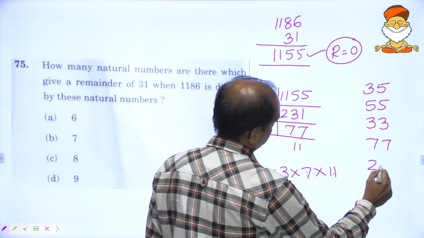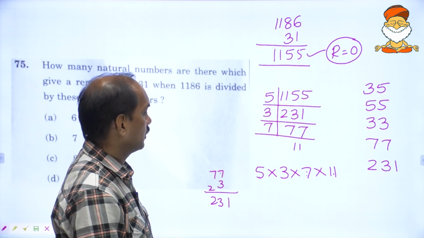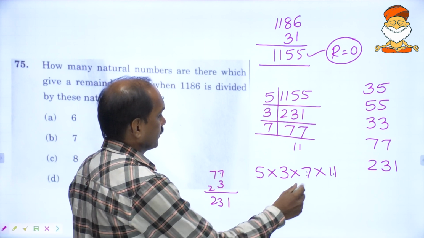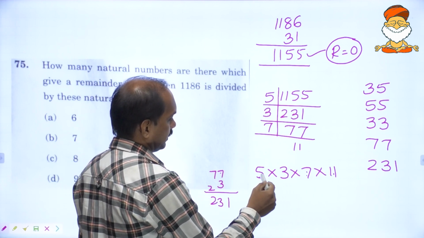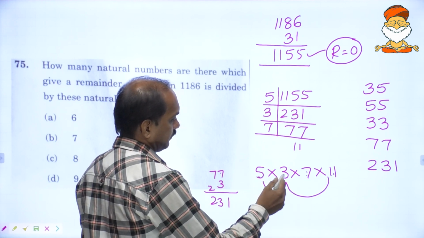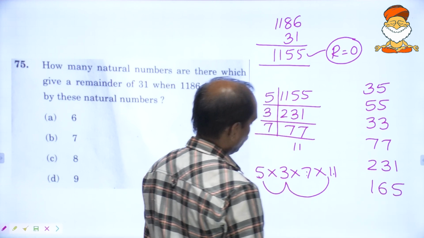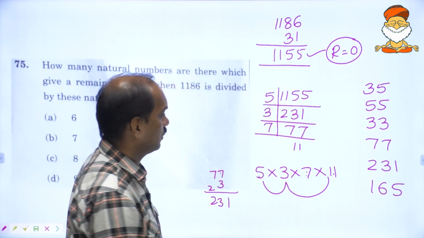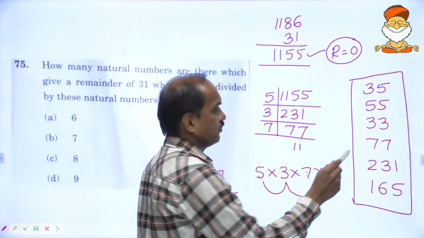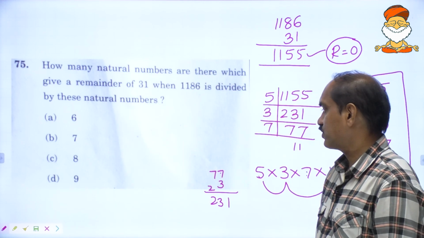Yes, no problem. 231 also no problem. What else? 11 3s are 33, 33 5s, these three combination: 5 3s are 15, 15 11s are 165. See, these are the numbers which we are searching.